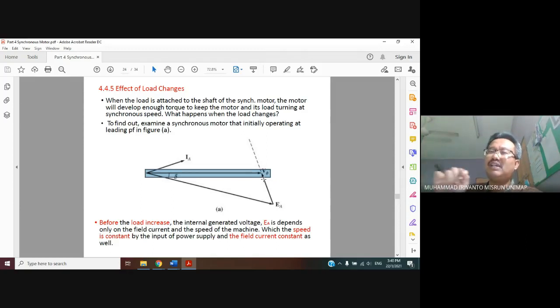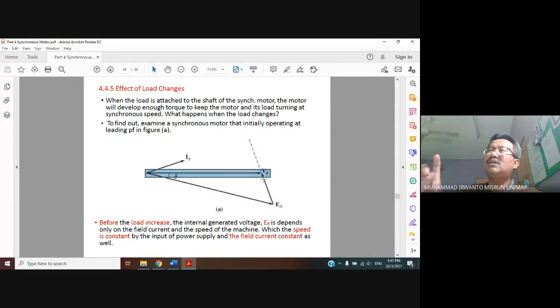Remember, in the phasor diagram, we refer to the phase voltage. So students should understand the relation between the phase voltage and terminal voltage or line-to-line voltage if the synchronous motor has Y connection.